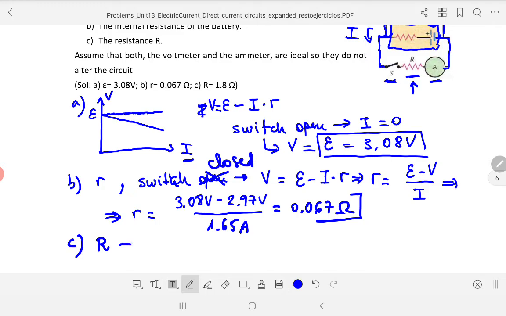So by applying Ohm's law, the resistance is V divided by the electric current. So this is going to be 2.97 volts divided by 1.65 ampere, which is just 1.8 ohm.